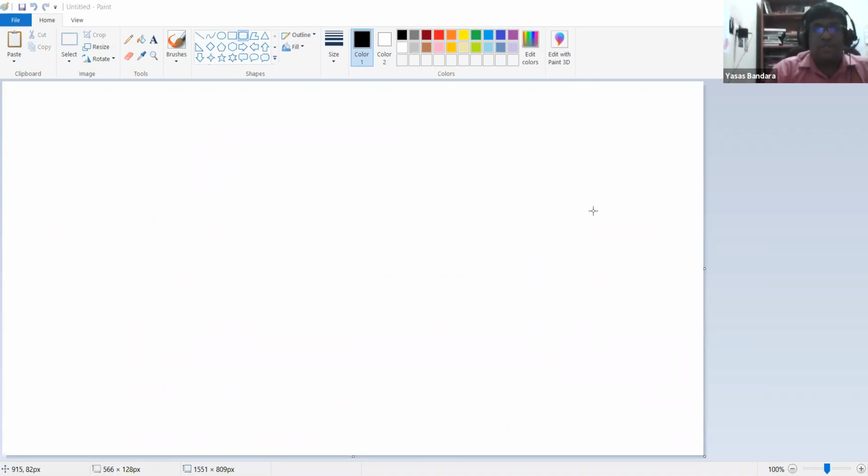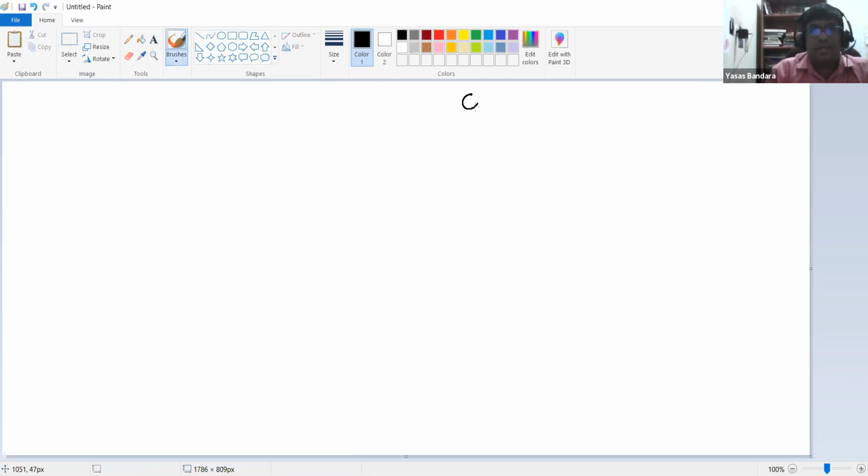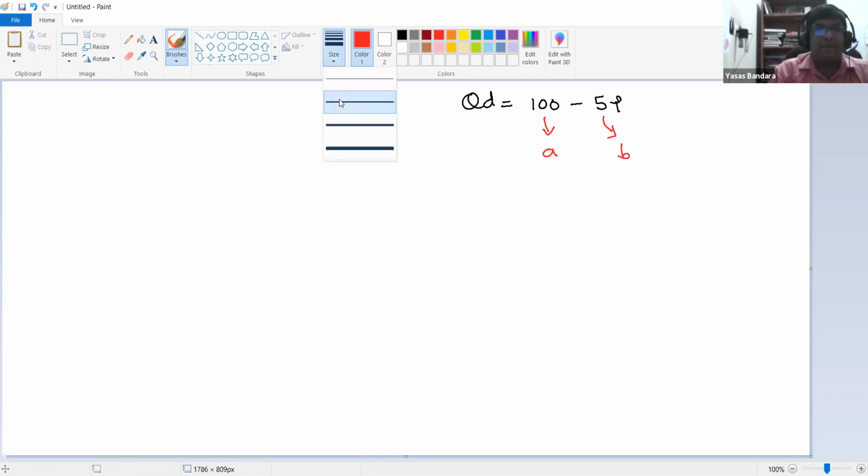So let us use an equation like this, say QD equals 100 minus 5P. What you should know is this 100 is understood as A, that is the intercept, and this 5 is understood as B.